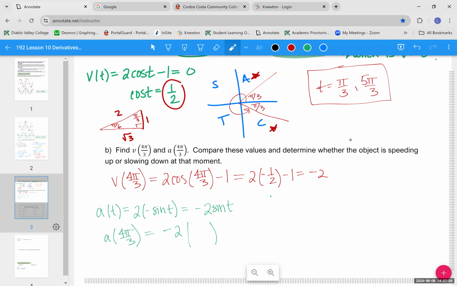I'm going to use the same triangle. π/3 has a sine of √3/2. If I'm in the third quadrant at 4π/3, then that sign will be negative. So this will be -√3/2. And so my answer will be positive square root of 3.